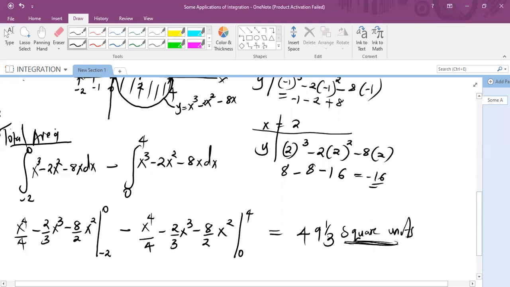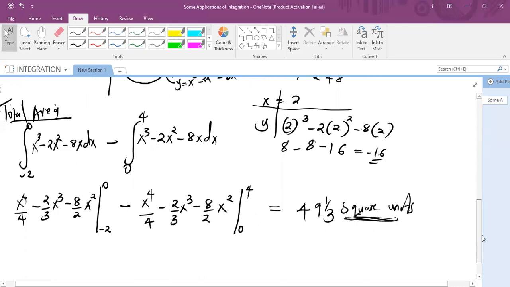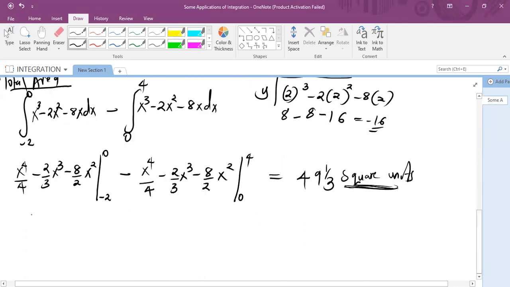Okay, fine, guys. So let's take up another example. So example number 2. Let's say you're told: determine the area enclosed by the curves.